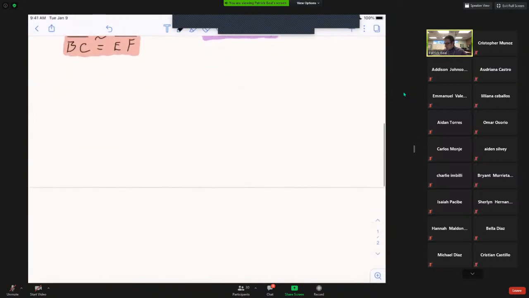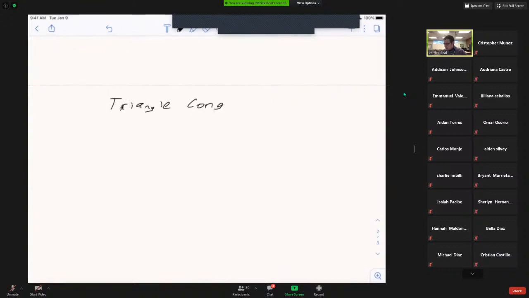So I'm going to come down here and do a little tree map. I'm going to call these triangle congruence criteria.